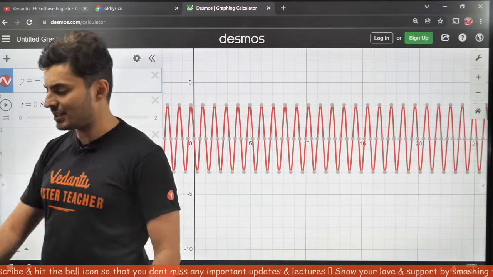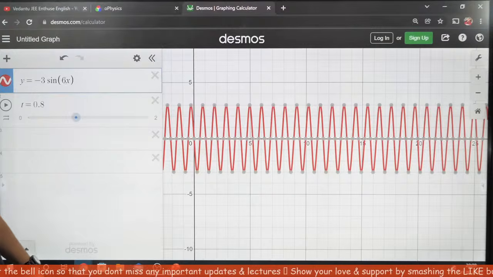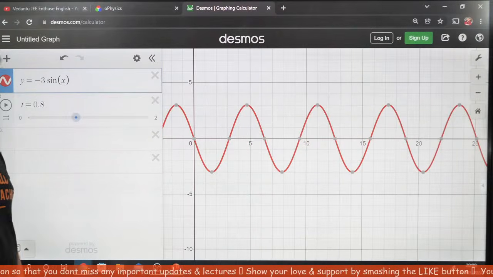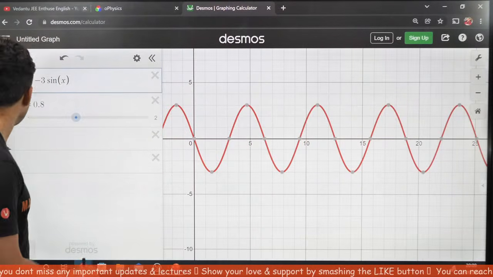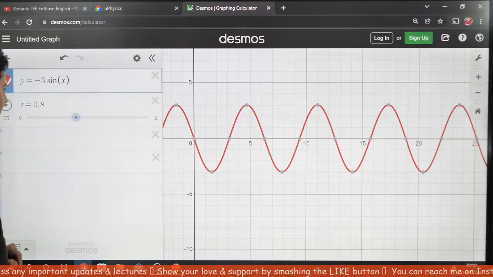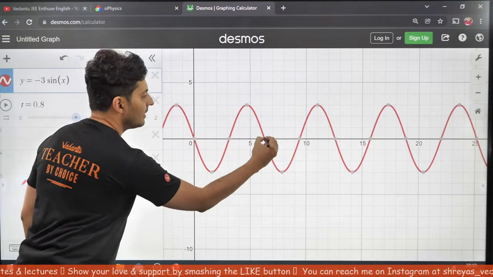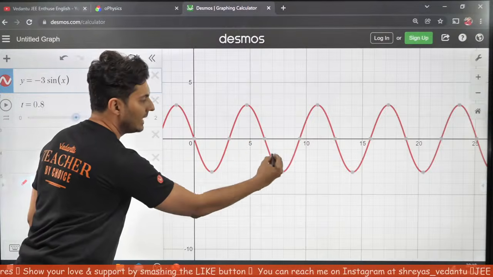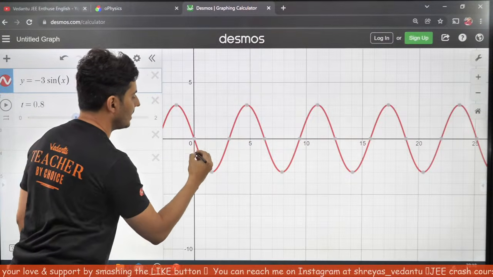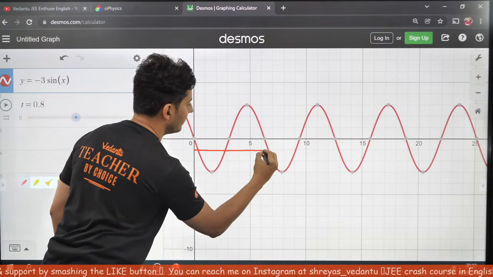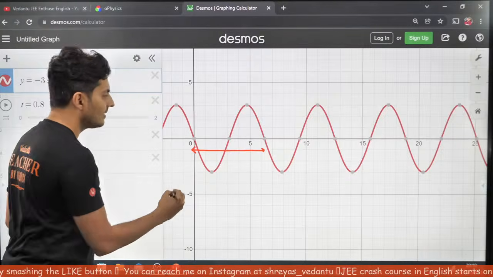Okay, let's just keep the graph as sine of x. Observe this, and let me mark it right over here. From this point till this point is one complete wave, right? So from here till here, how much is this distance?